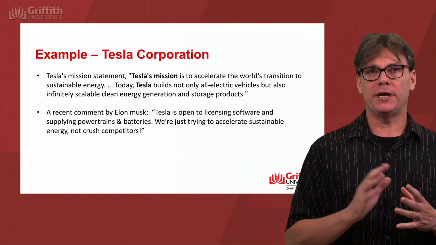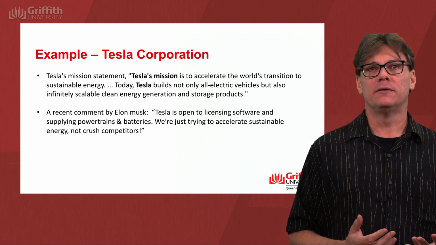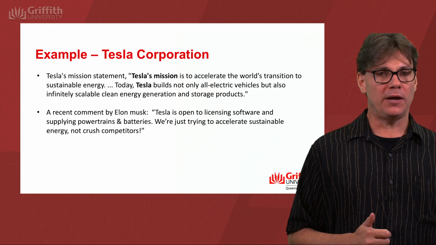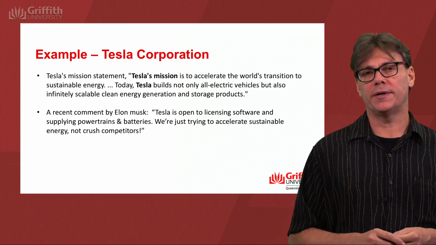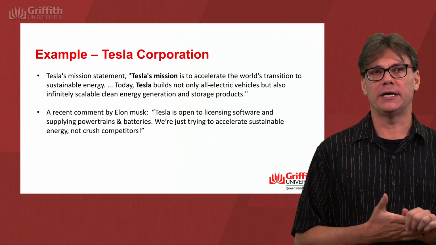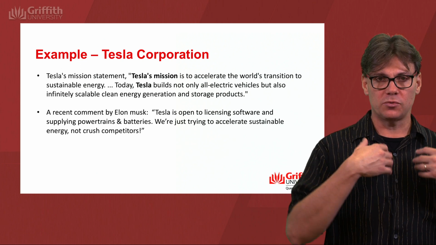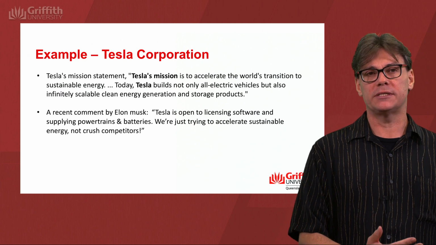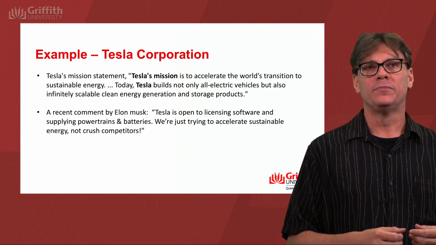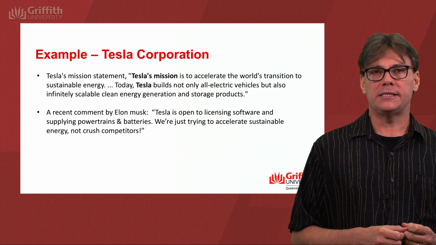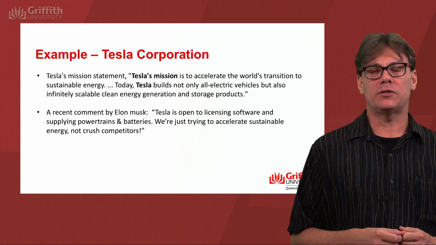Their strategy is, we're going to do that. Now, how do they do that? They have software, they have batteries, they have solar generation products, they have Teslas, which are pretty cool looking cars. But look at this recent quote from Elon Musk, which is his strategic way of positioning the organization and letting people know his intent. "Tesla is open to licensing software and supplying powertrains and batteries.